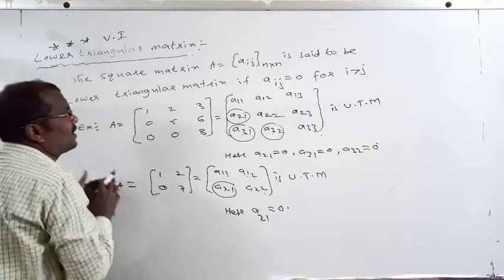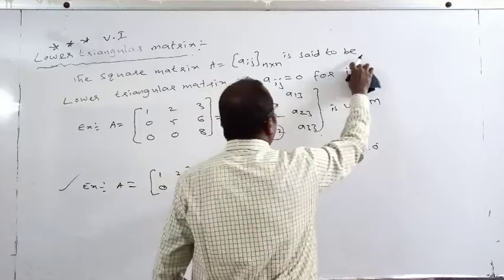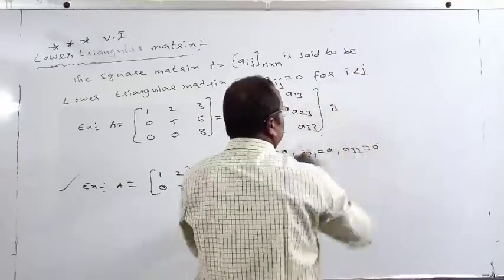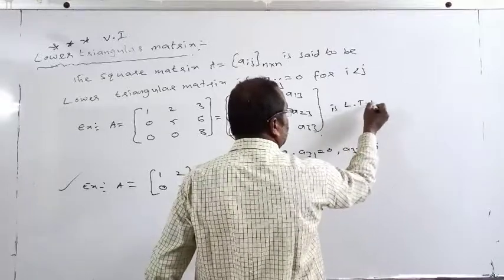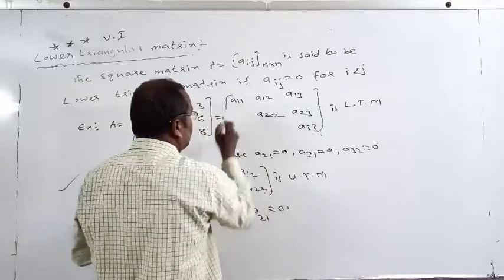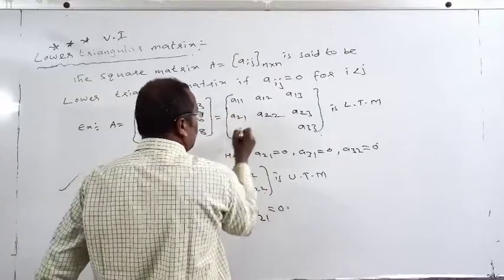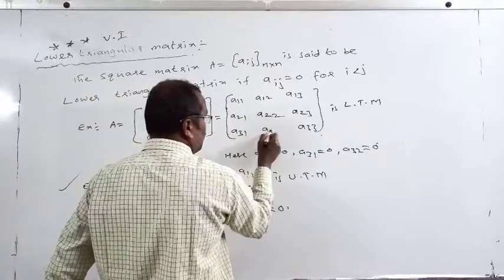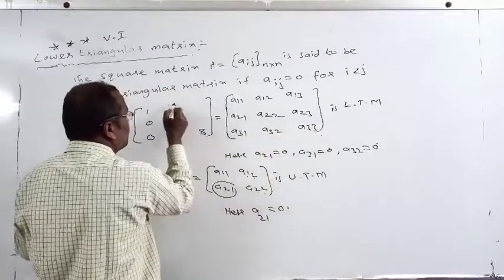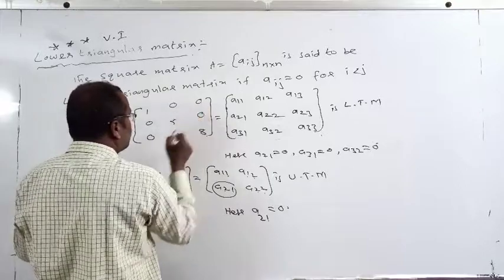It is a lower triangular matrix if aij equal to 0 for i less than j.